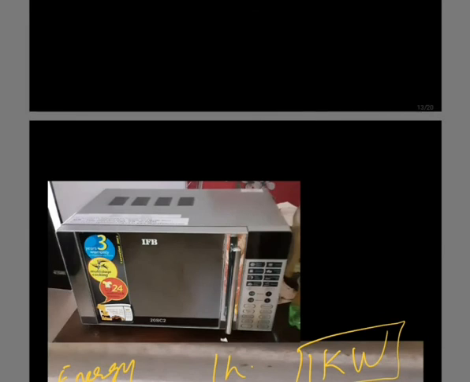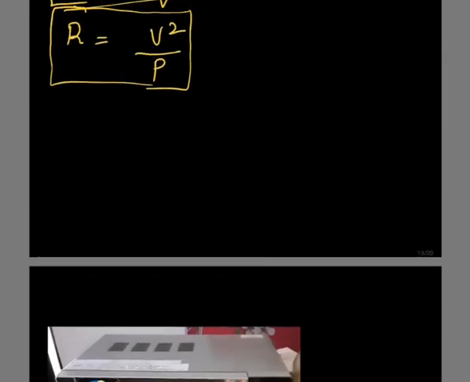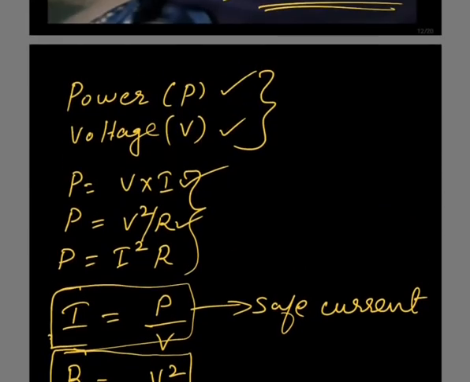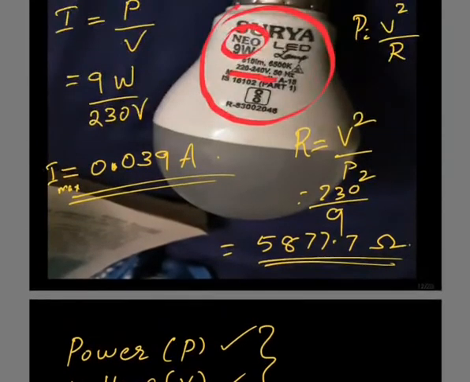If more current is passing through the device, then of course the device may get damaged. So by means of this power rating you know the safe current which can flow through a device. At the same time, you can calculate the resistance of the device when it is being used. So that is about power rating.